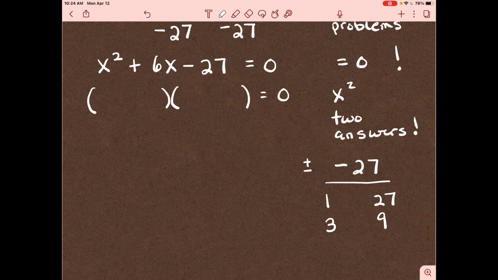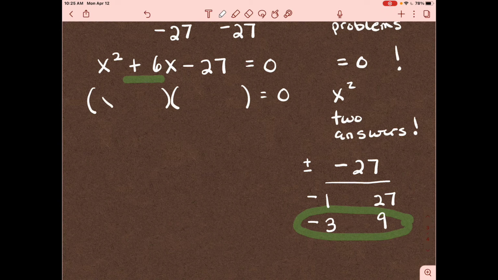And in this case, I'm looking at plus 6 for an answer when I add them. So I'm going to keep my bigger numbers positive this time so that when I add them, it'll stay positive. And I notice that negative 3 and positive 9 will give me the positive 6 I'm looking for.